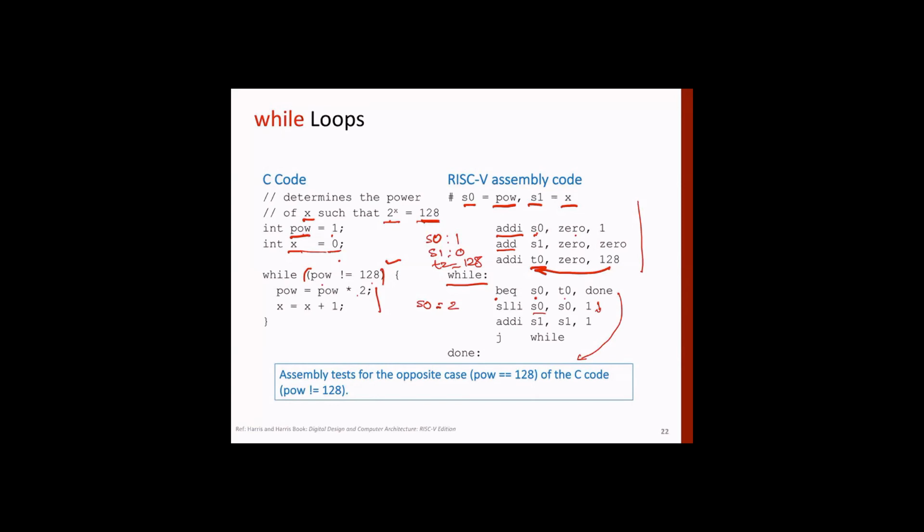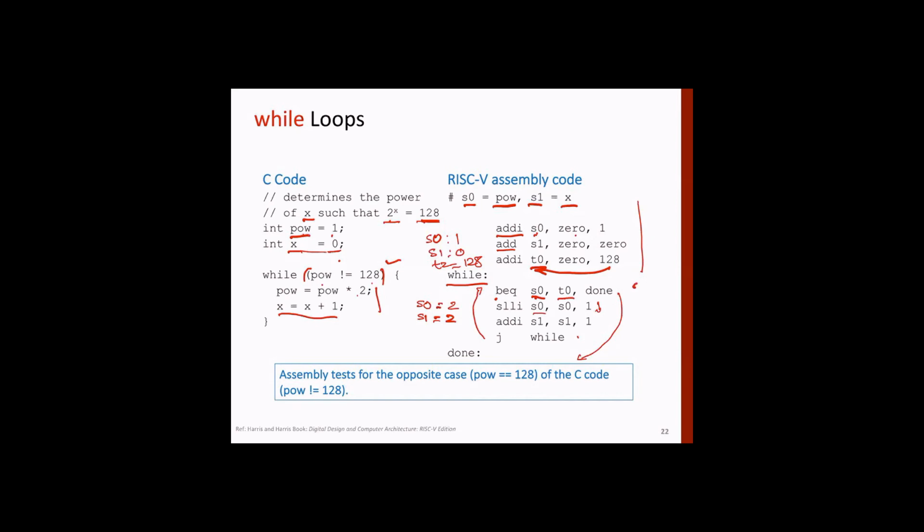And then you add, so increase this counter: x is equal to x plus 1. So S1 becomes 2. Now you come to the next statement and jump back to the while statement. You continue this until the value of S0 becomes T0, that is 128.